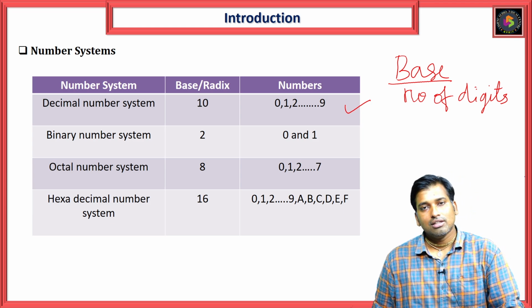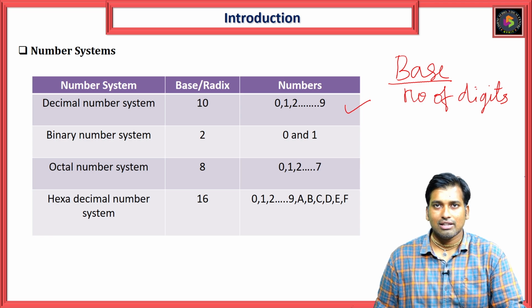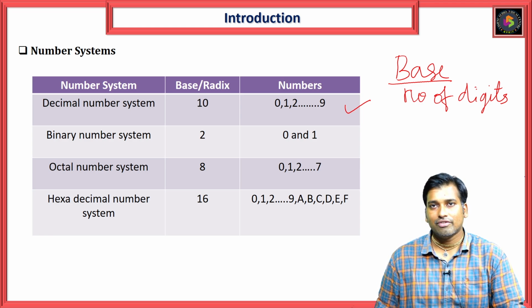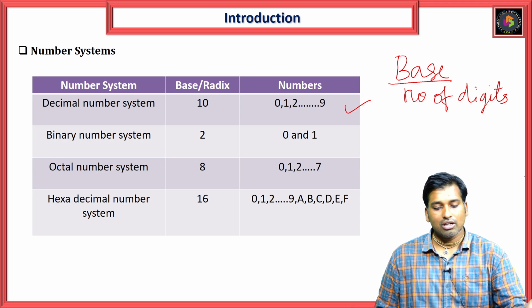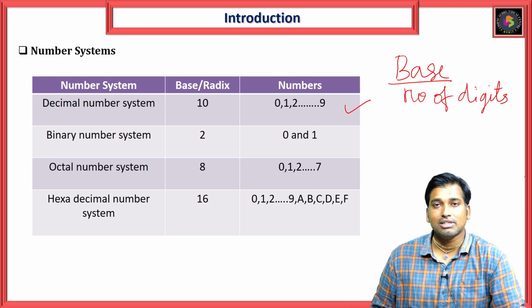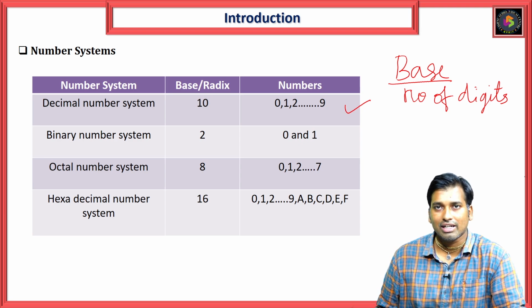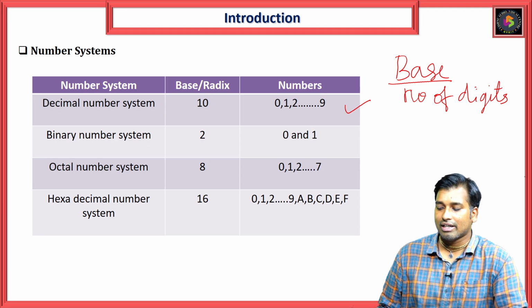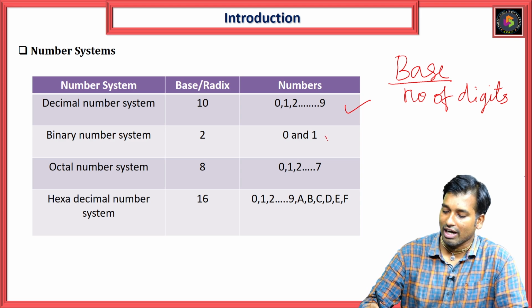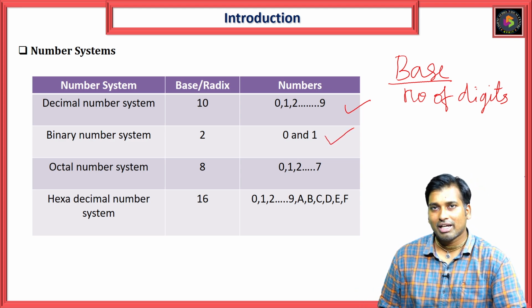As I said, the machines cannot understand this decimal number system. Therefore, we are learning this number system known as binary number system, wherein the machines can understand only zeros and ones. As I said, the base is the total number of digits. In the binary number system, the total number of digits are 2.